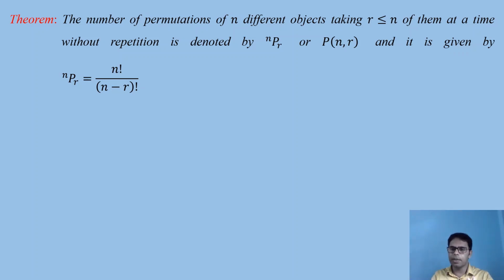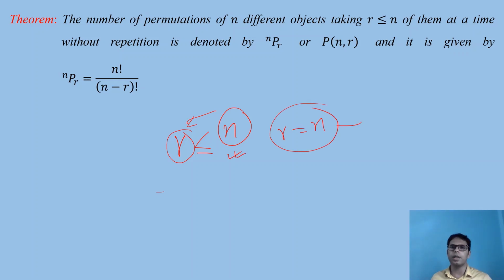So from n objects you are taking some of them, that is r of them, or all of them. That means r should be less than or equal to n. When r is less than n, you are taking some of the n objects. But when r is equal to n, you are taking all of the objects at a time.